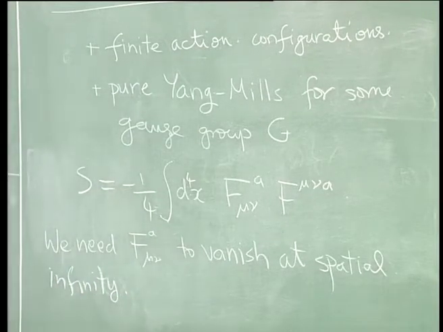So, now the question is how do we achieve that. It should say that as you go to both spatial and time-like infinities, your gauge field can go to 0.